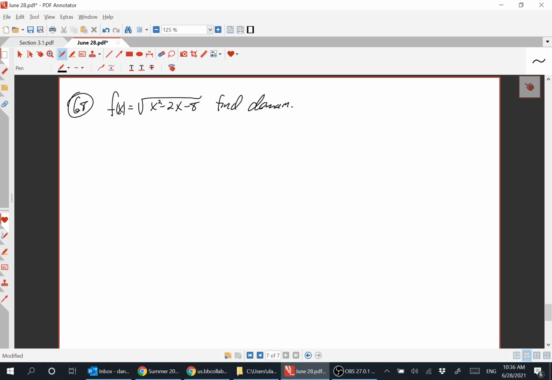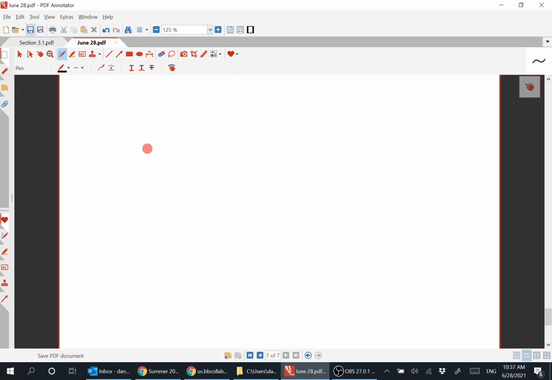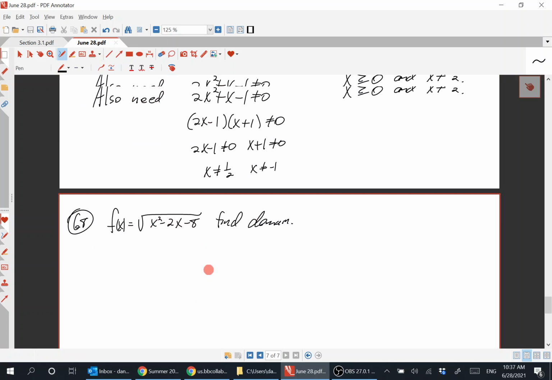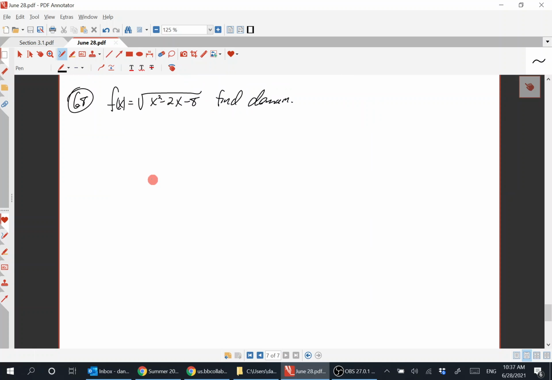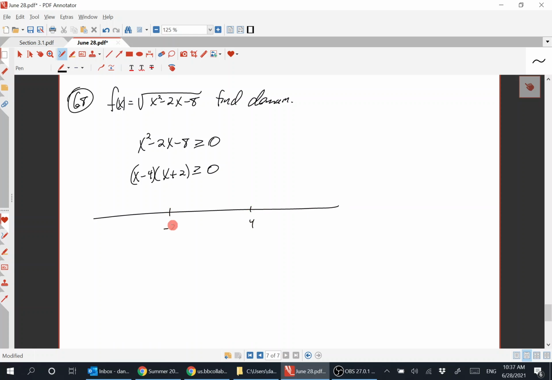Well, there's no fractions here, so division by 0 is never an issue. So here we just need that the thing under the square root isn't negative. All right, so x squared minus 2x minus 8 needs to be bigger than or equal to 0. So this is x minus 4 times x plus 2 bigger than or equal to 0.